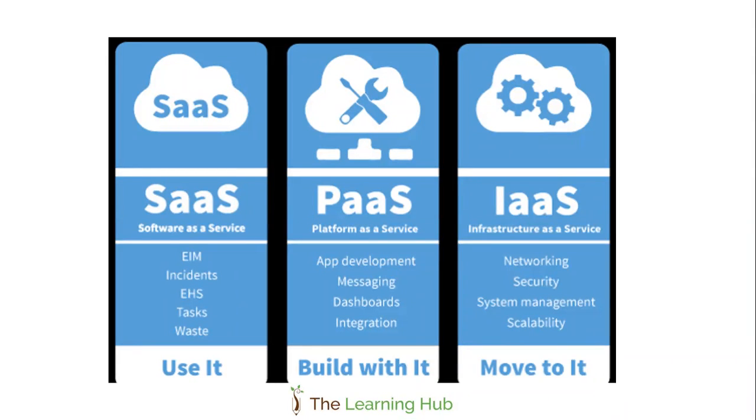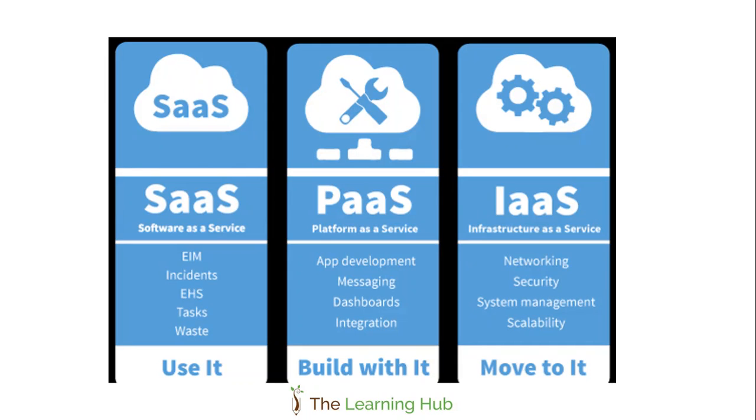Then you have platform as a service. Platform as a service is very beneficial for those who develop. If you are involved in web development, or just any development, you have different tools that you can use in platform as a service. They provide a platform for your development environment.